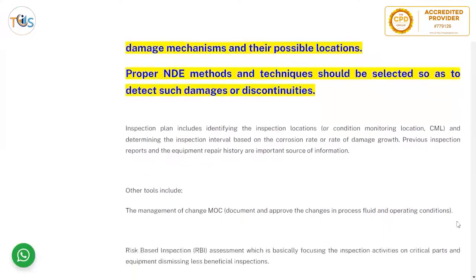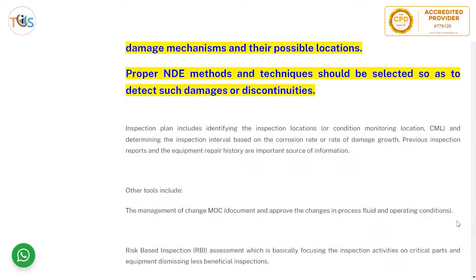The inspection plan includes identifying the inspection locations, normally done by the inspector, or the condition monitoring locations, CML, and determining the inspection interval based on the corrosion rate or rate of damage growth.